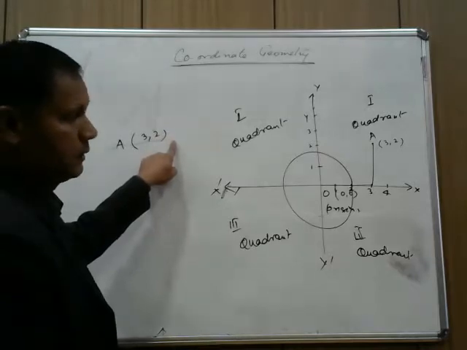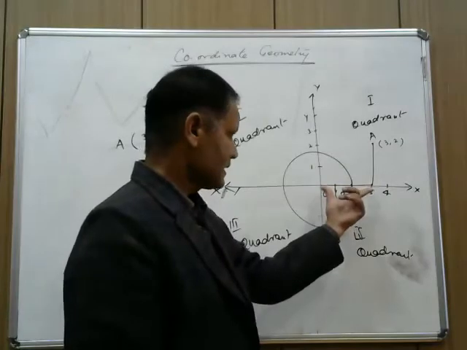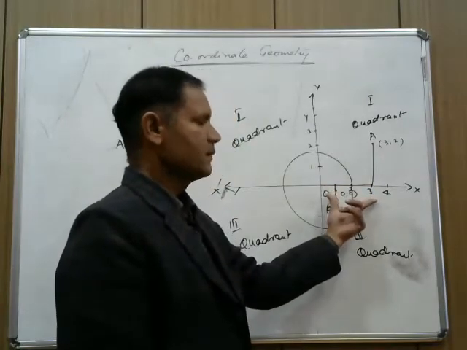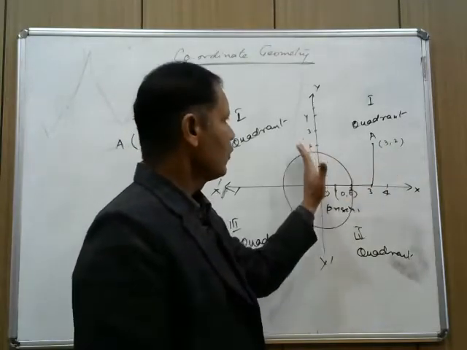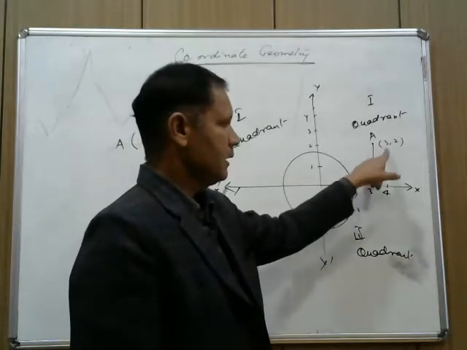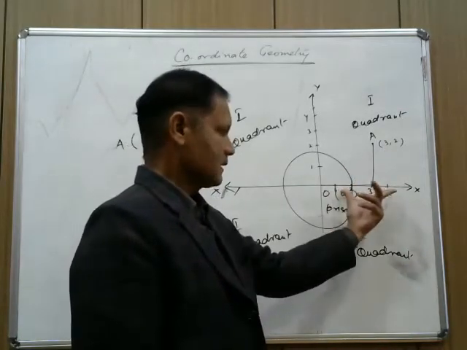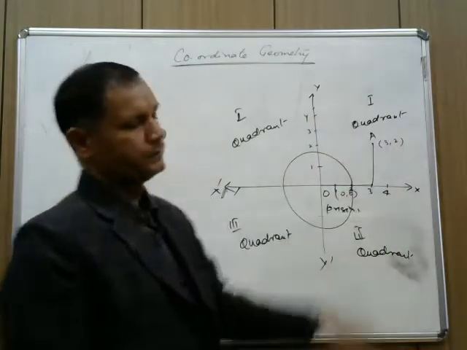It means what? The distance of this point A from x-axis is 2 units and from y-axis is 3 units. Distance of this point A from x-axis is 2 and from y-axis is 3.